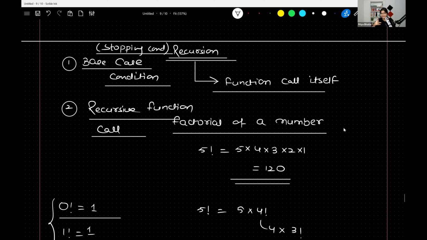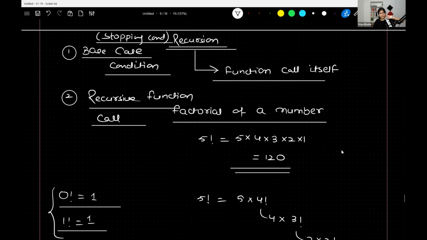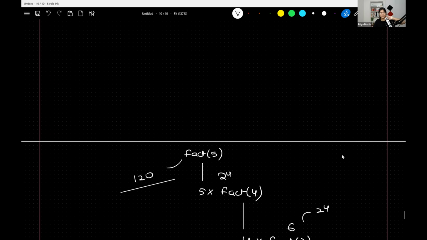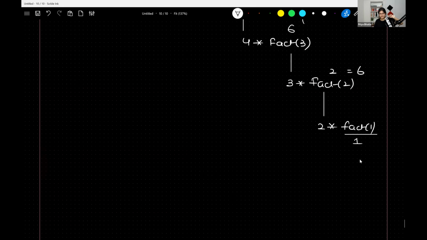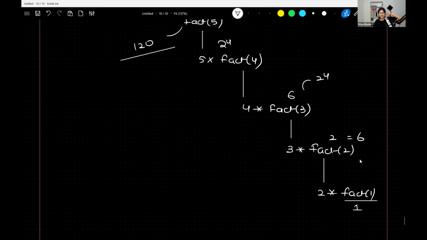Your code will keep on iterating infinite times, right? Which is not a valid algorithm. Very first class, if you remember. So always remember, in a recursive code, we always have to write a base case condition, which will stop our code at some point. For example, here my condition is met and then I'll go back, getting the answer as 120.